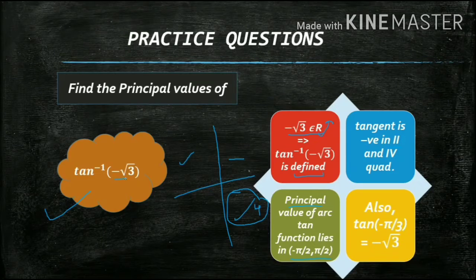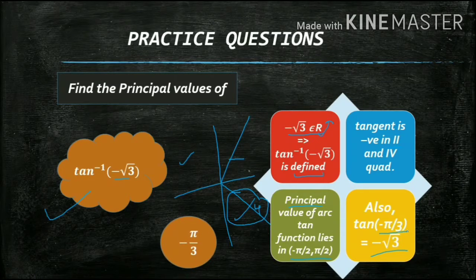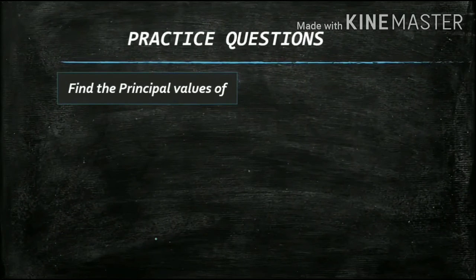And in the fourth quadrant, which angle has the value minus root 3? Minus pi by 3. As I say, find the angle in the first, negate it in the fourth. You get the angle. So it's minus pi by 3, which is your answer. Again an easy one. Let's move to the next.